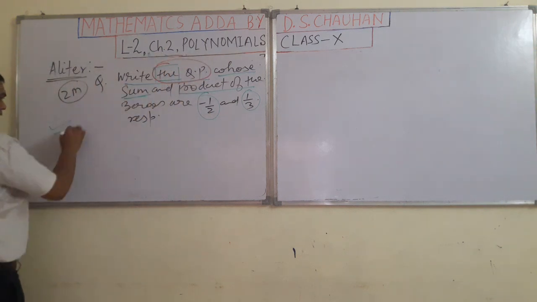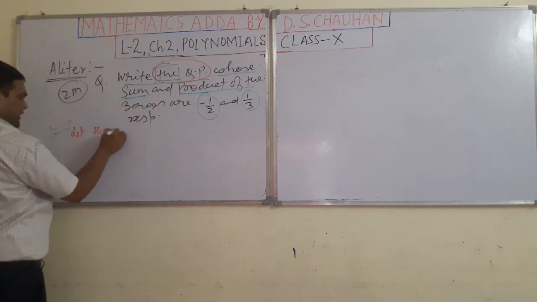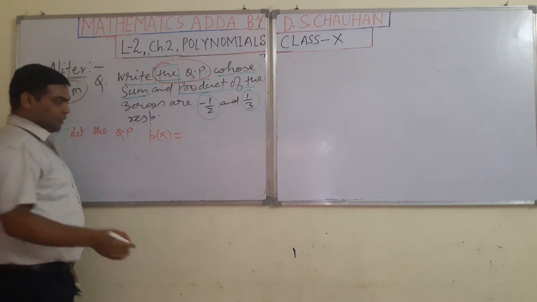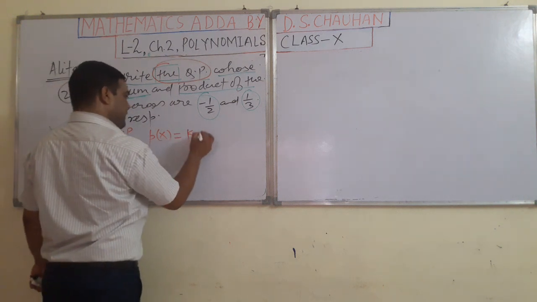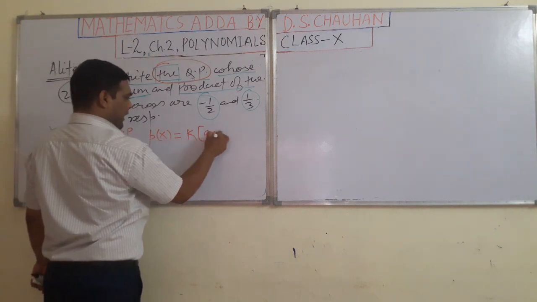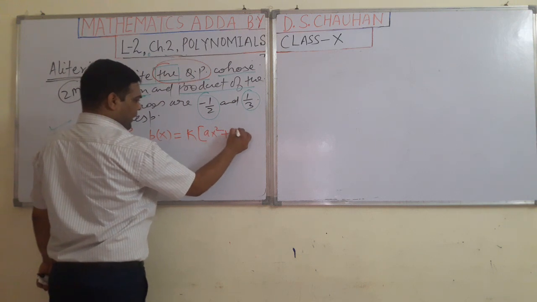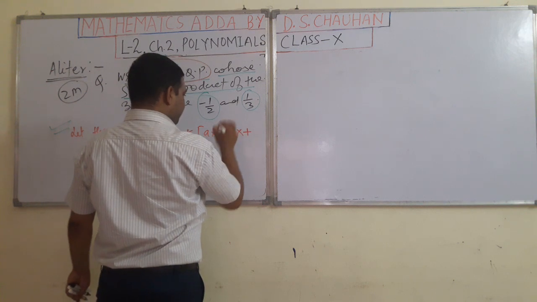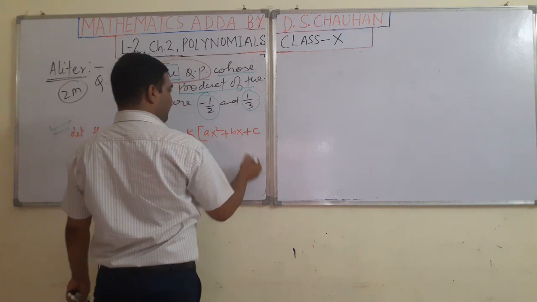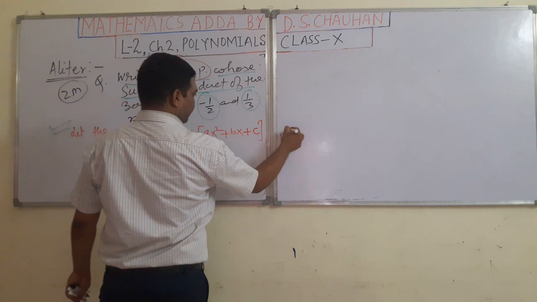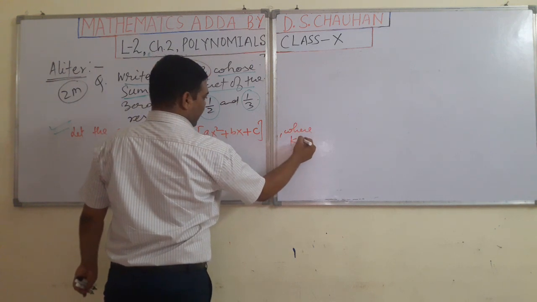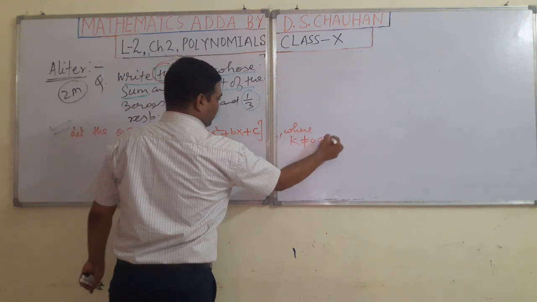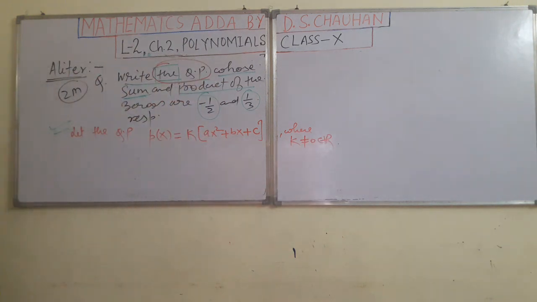So what we consider? Let the quadratic polynomial QP be Px equal to k times ax square plus bx plus c, where k is not equal to 0 and belongs to the field of real numbers.